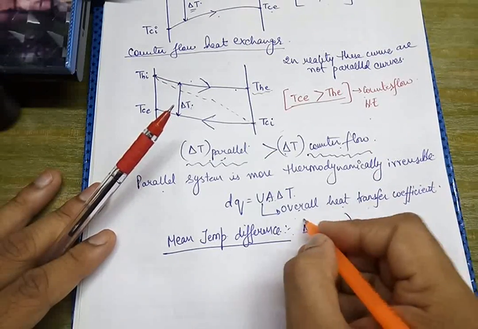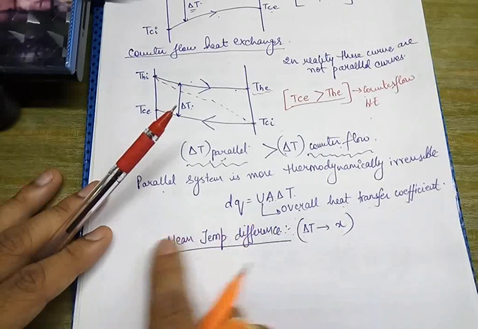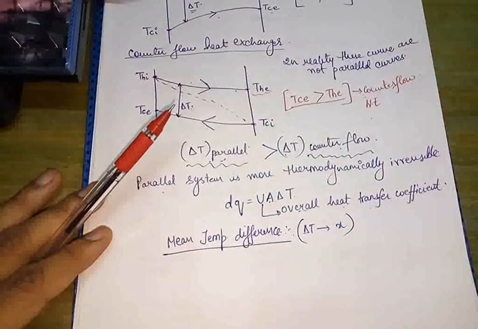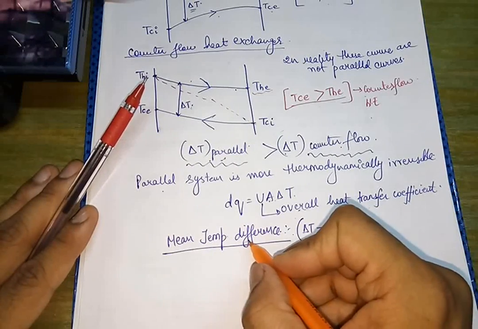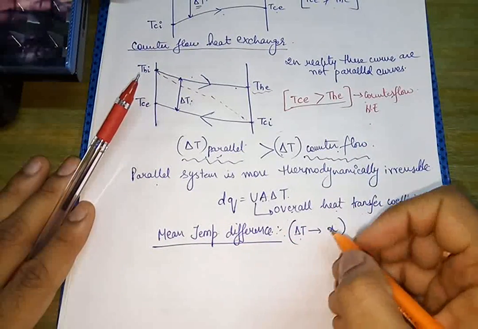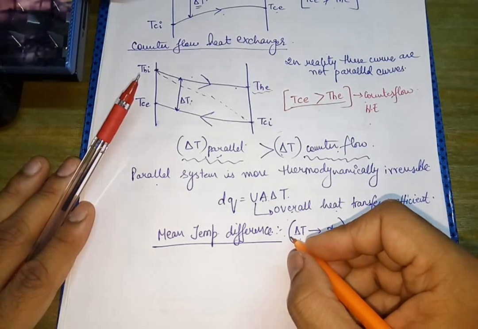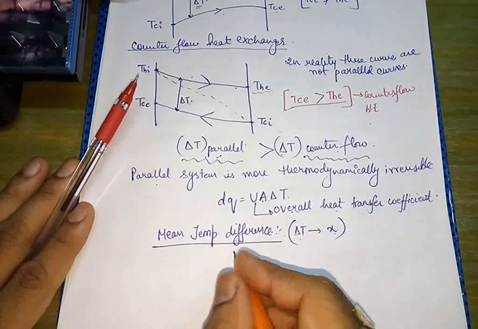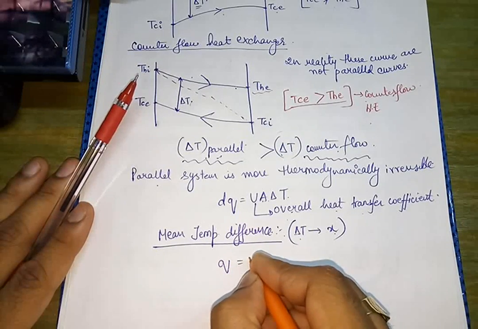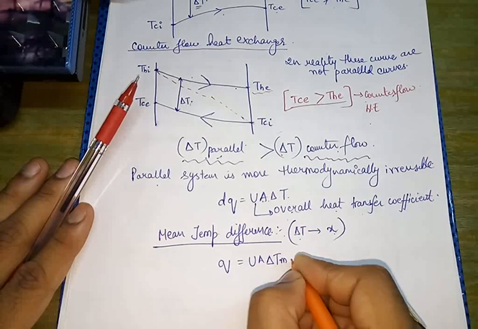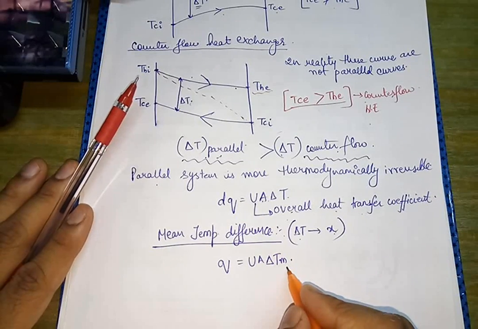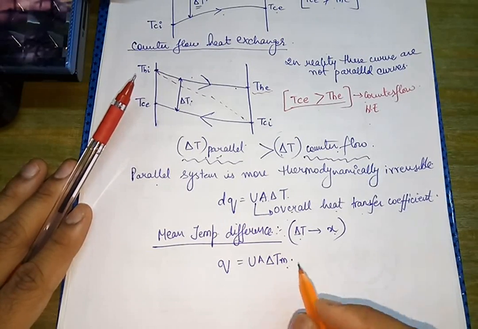We know that as the distance is increasing, or as we are moving, the temperature is varying with respect to x. So this is the factor which is taking into account this variation of temperature along the x direction. Okay, so we write Q equals to UA delta T mean, where delta T mean is the mean temperature difference.